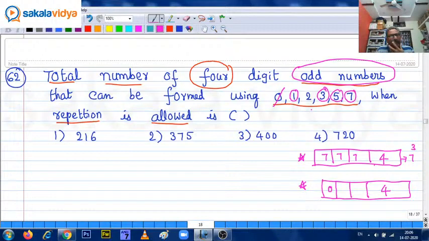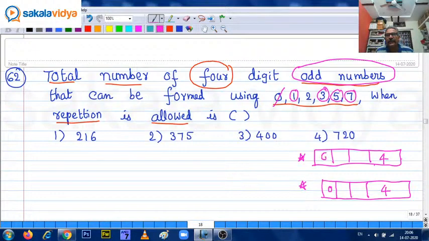Sorry, I made a mistake. One minute, I will check once again. 1, 2, 3, 4, 5, 6.